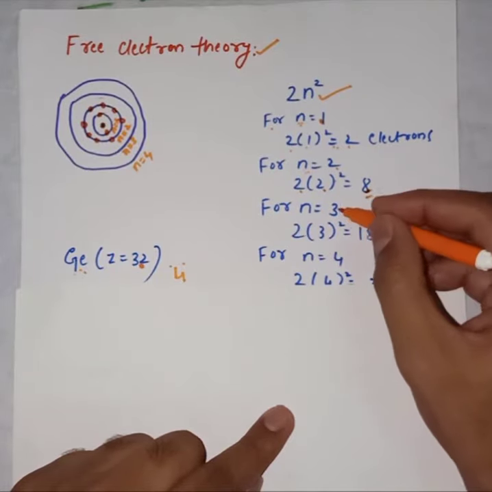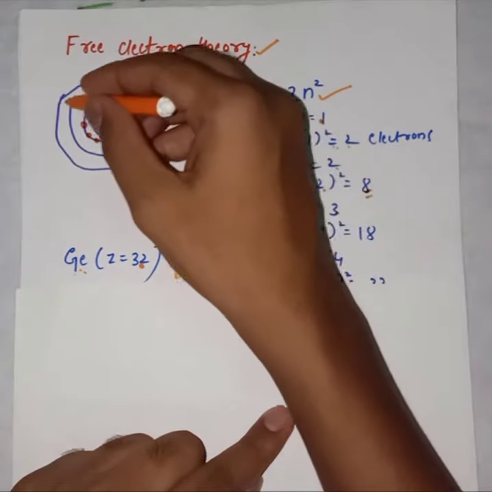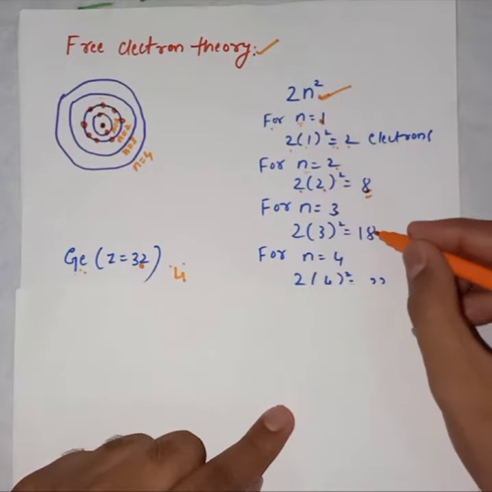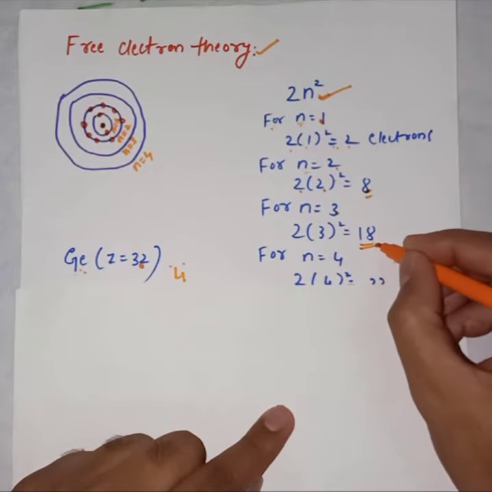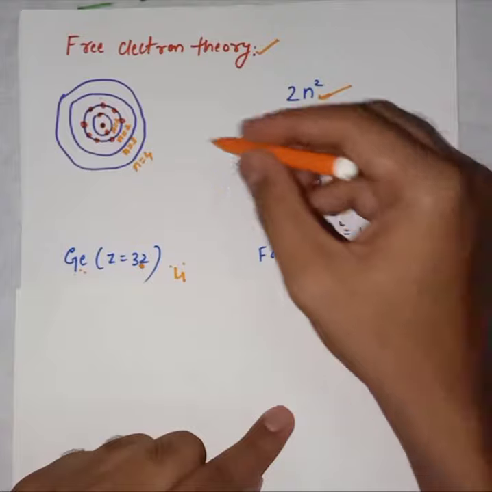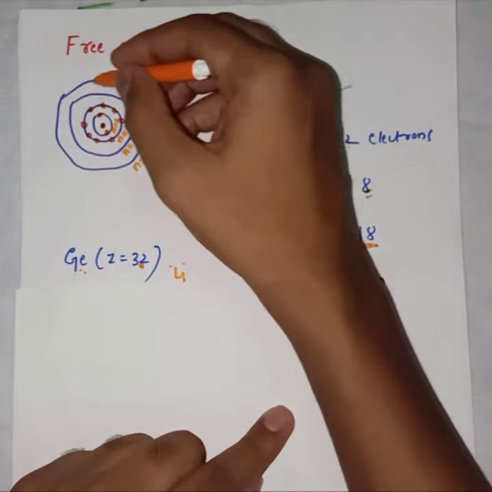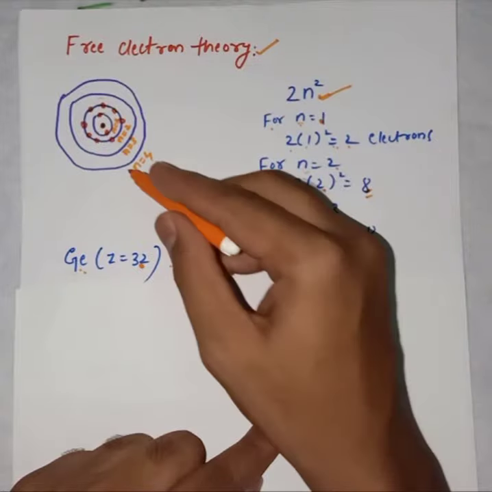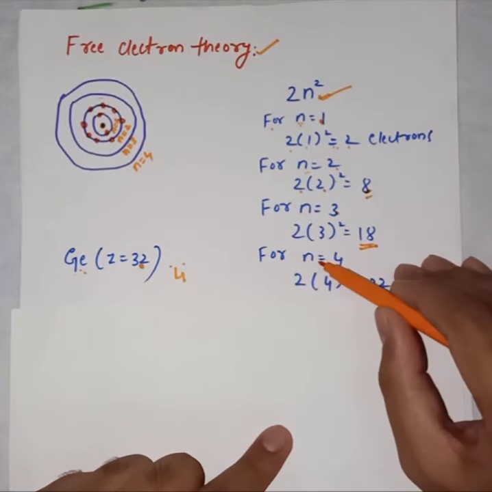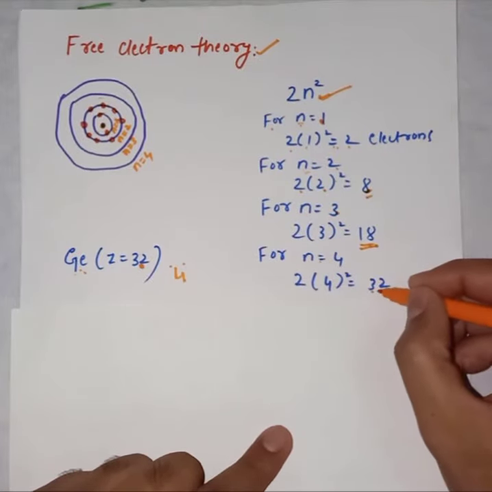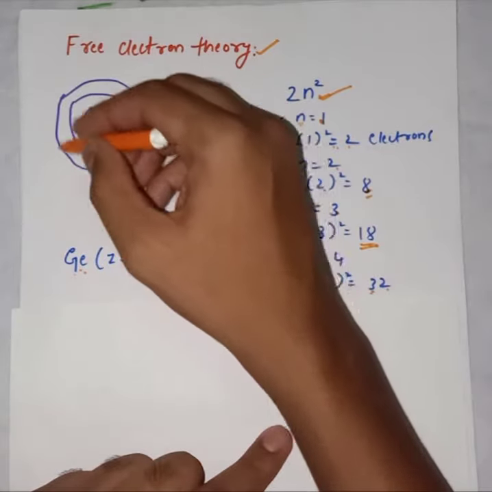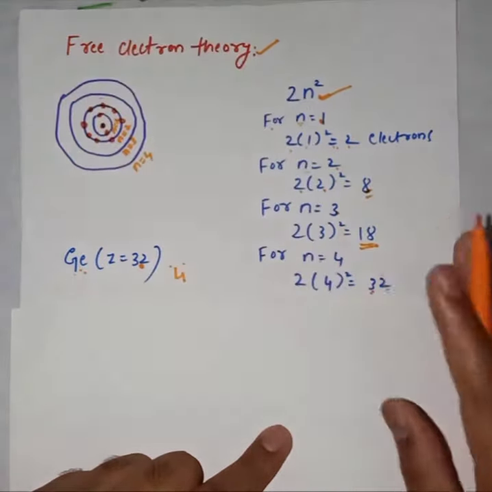Similarly, in the n is equal to 3 orbit, use the formula and you find the maximum number of electrons that can fill is 18 only. And now tell me how many electrons can fill in the 4th orbit. In the 4th orbit, maximum 32 electrons can fill. Beyond that, it cannot fill.